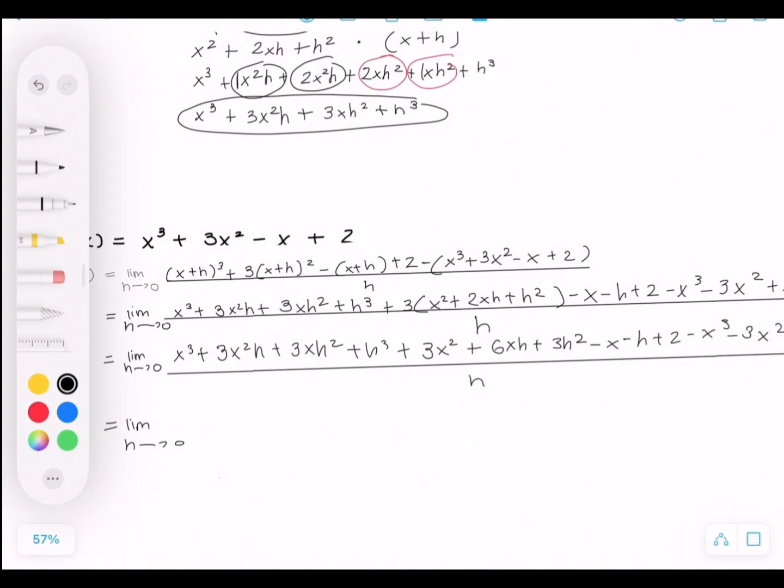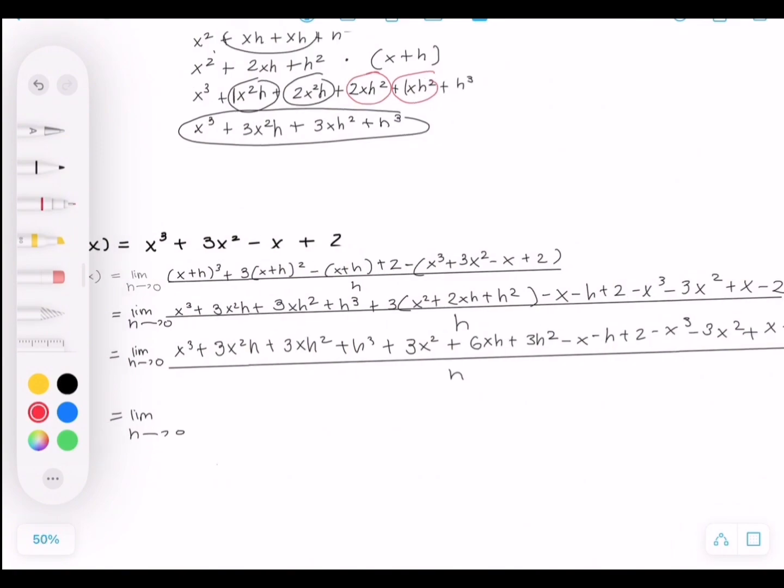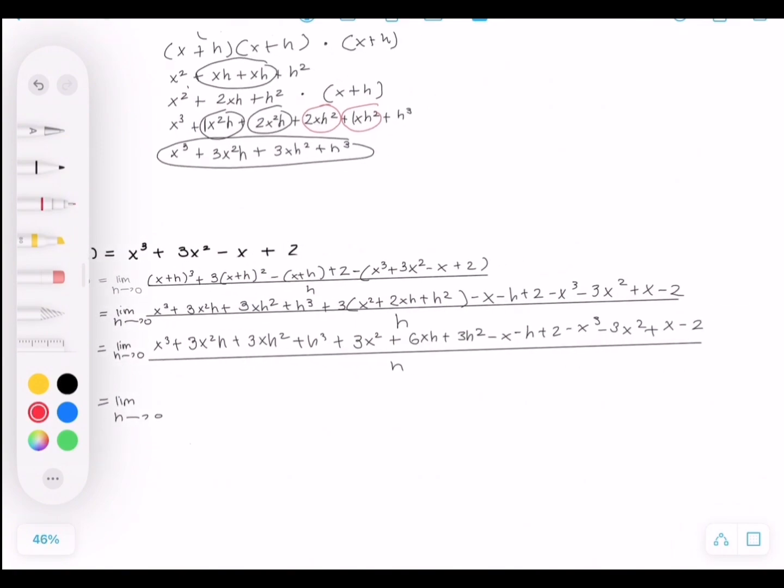So we will cancel out those terms that are possible to cancel out. So we have x cubed minus x cubed. So of course that will give you a 0, so we should cancel that out.